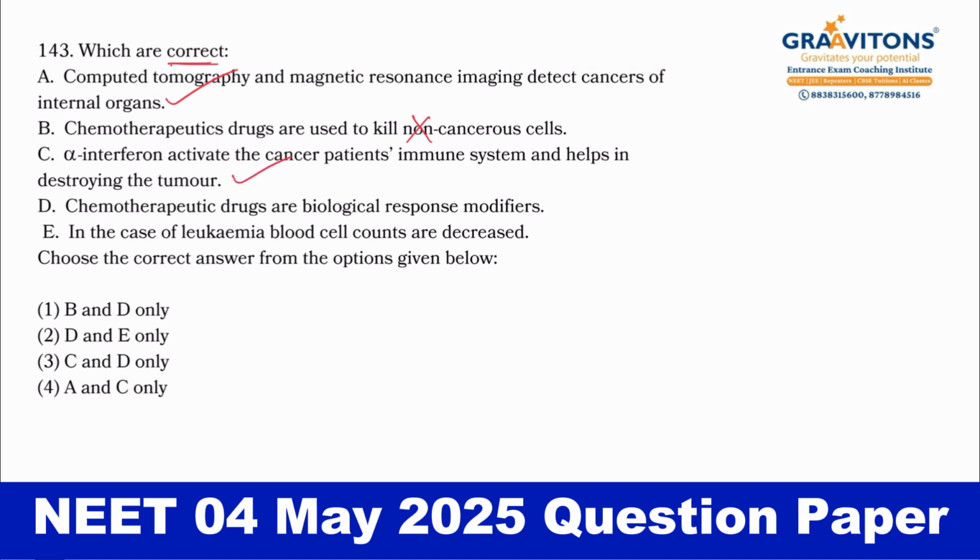And chemotherapeutic drugs are biological response modifiers? No. Immunomodulators, that is alpha interferon, are the only biological response modifiers. So, this is also wrong. And last statement, in case of leukemia, blood cell count increases, not decreases, and especially WBC count increases. Okay. So, the correct statements, if we see, are only A and C.